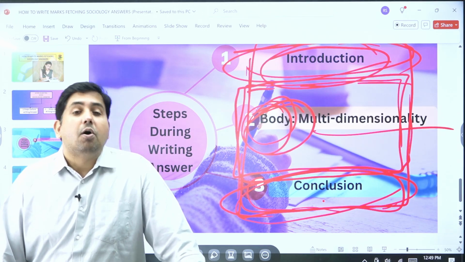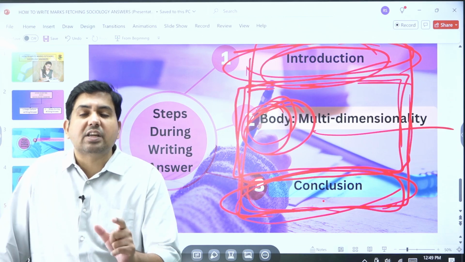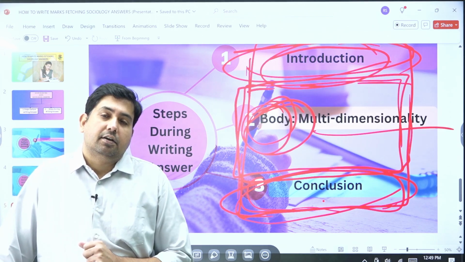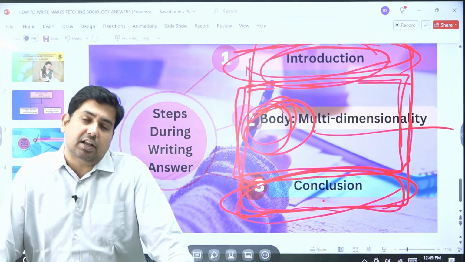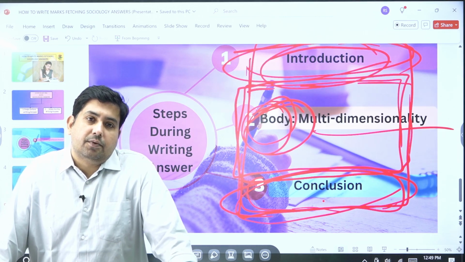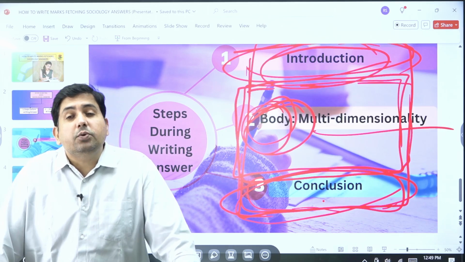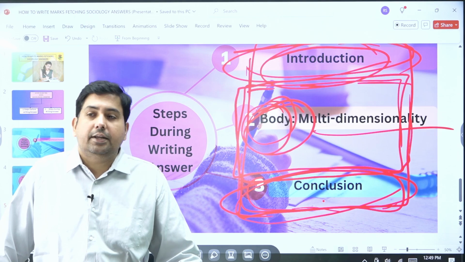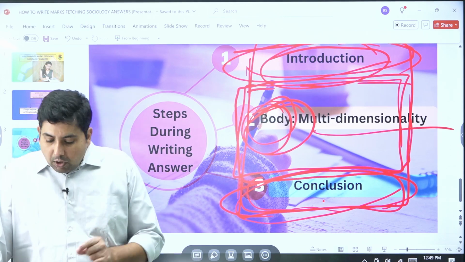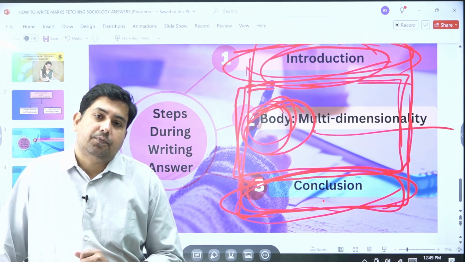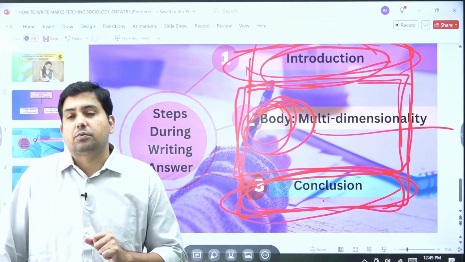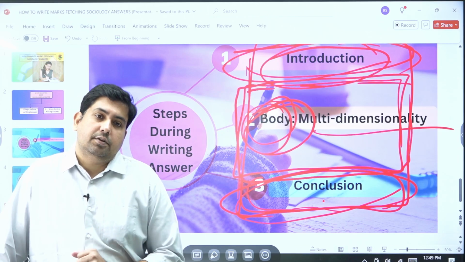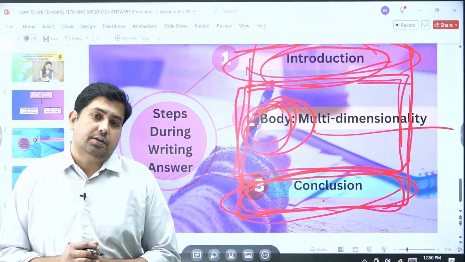Also, you must make use of subheadings. Subheadings add some coherence to your answer. Okay? You can use bullet points. Then you must also highlight the important terms, points, concepts that you are writing. That is actually very important.